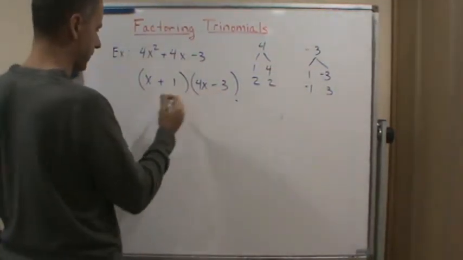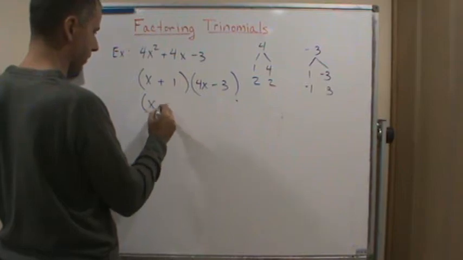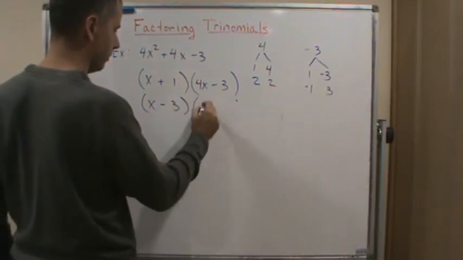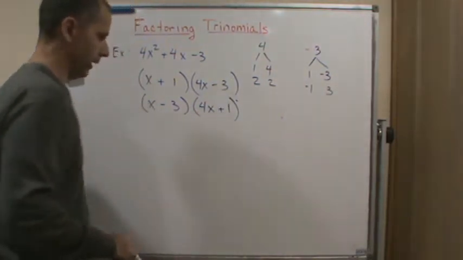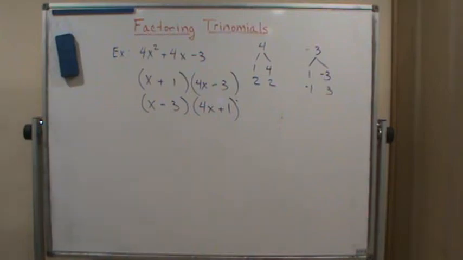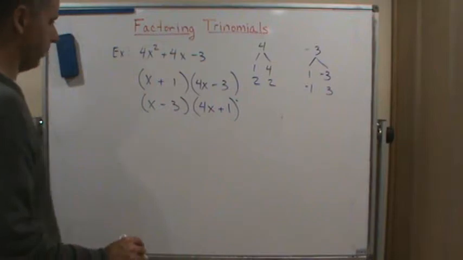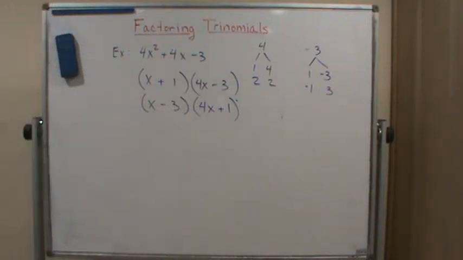Right? So you could flip these. You could have those. You could also have x minus 3, x plus 1, or excuse me, 4x minus 3, x plus 1. Oh wait, I already did that one. Hold on a second.